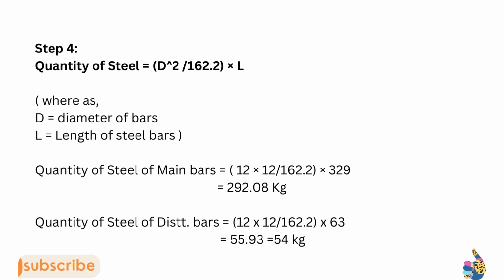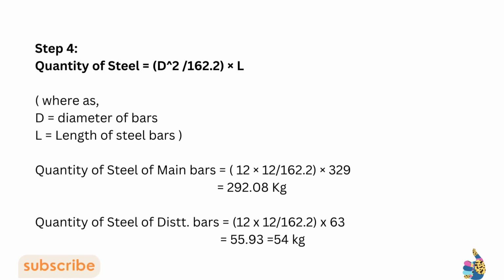We will calculate separately the quantity of steel for the main bar and for the distribution bar. Firstly, the quantity of steel of the main bar. 12 is the diameter we are using on the main reinforcement, so 12 square divided by 162.2 into the length. The length we have already calculated for the main bar was 329.